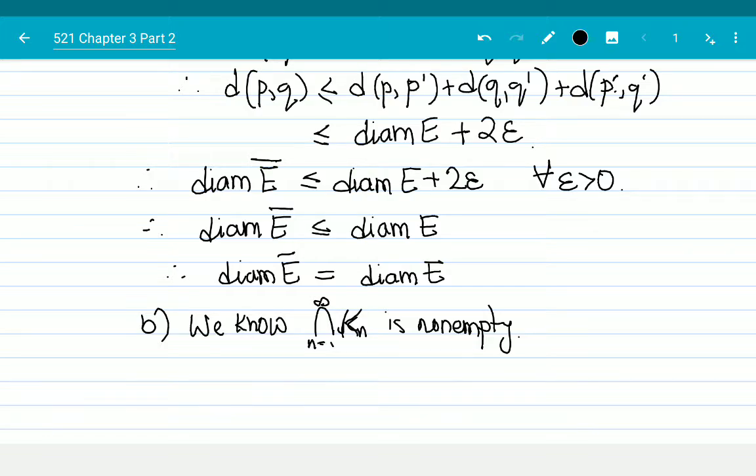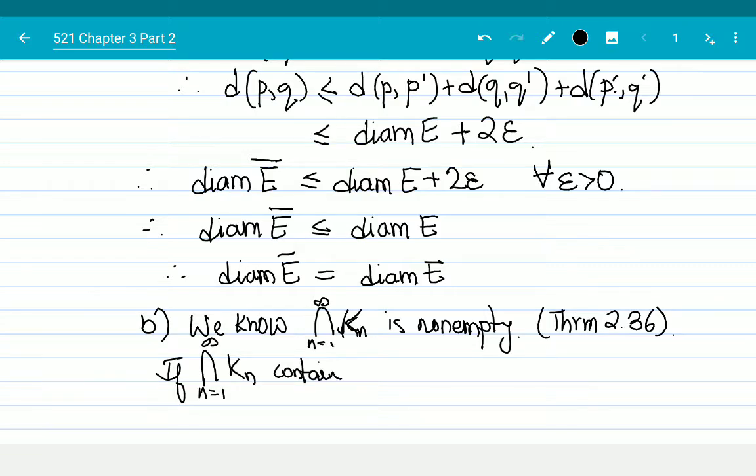This was theorem 2.36, I think. Okay. Then now, if the intersection n equal to 1 to infinity of Kn contains more than one point, then the diameter is non-zero.